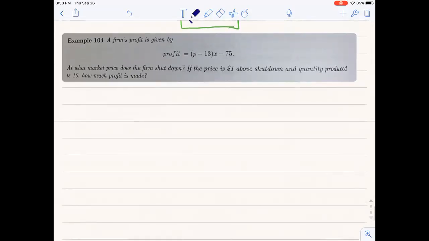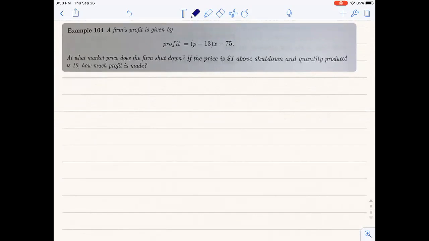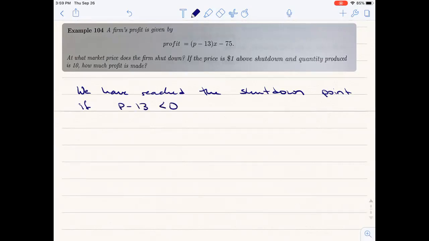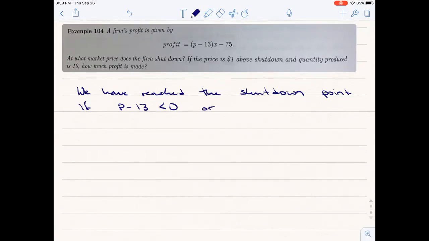Okay. And so the shutdown point, we have reached the shutdown point if P minus 13 is less than 0, or if P is less than 13.